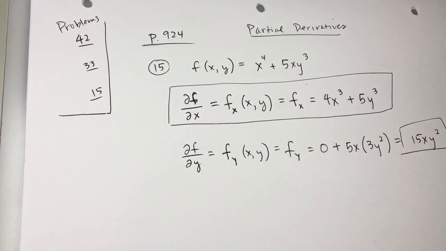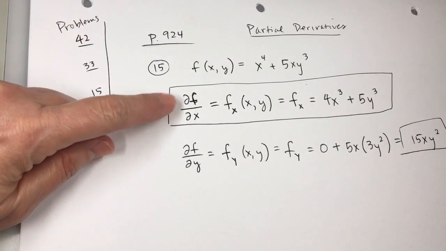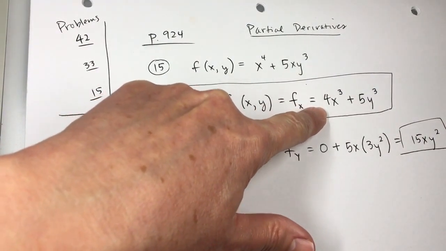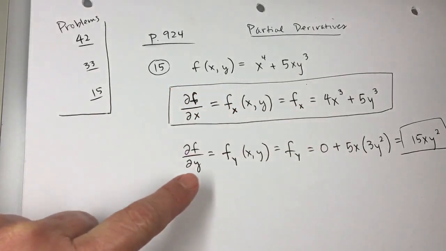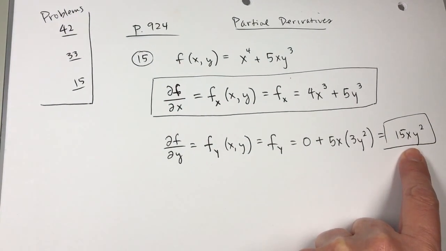And I can do a second derivative. How many second partial derivatives are there for this problem? 4, because I could do the second derivative of this with respect to x, and I could do the second derivative of this with respect to y, and I could do the second derivative of this one with respect to x, and I can do the second derivative of this one with respect to y.